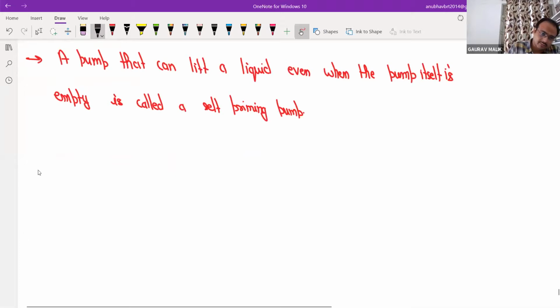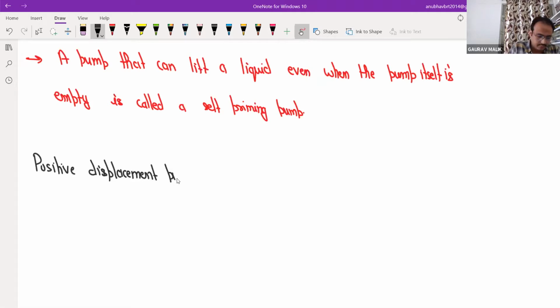Write down next: reciprocating pump. You need to put the heading positive displacement pumps.